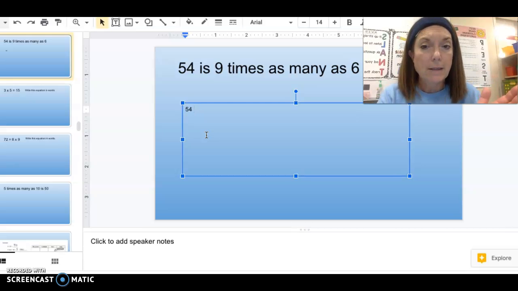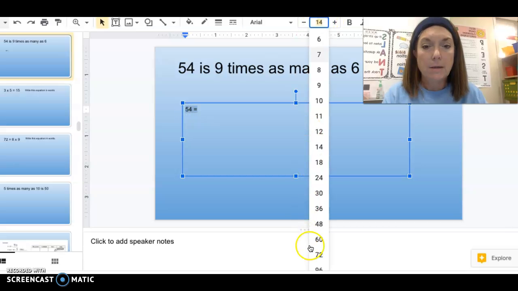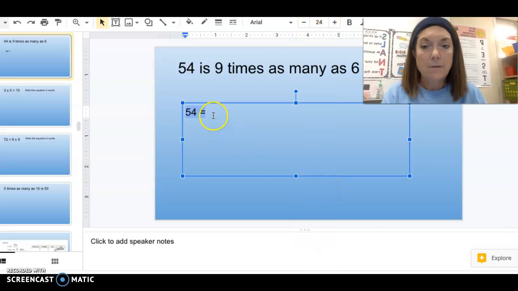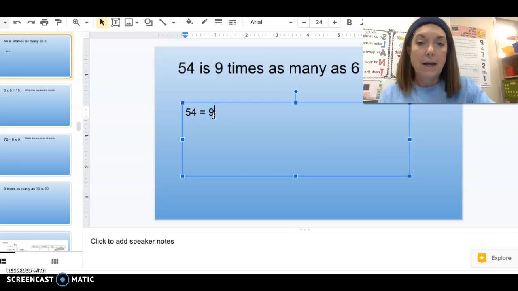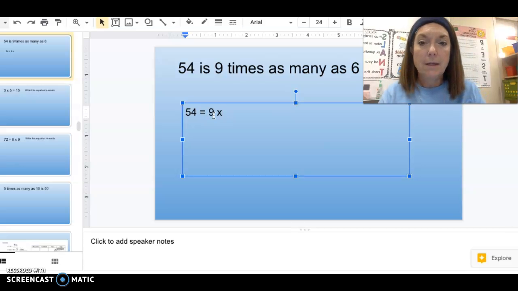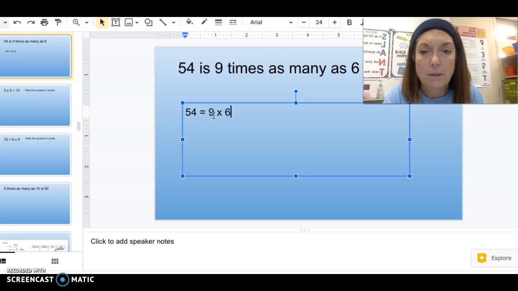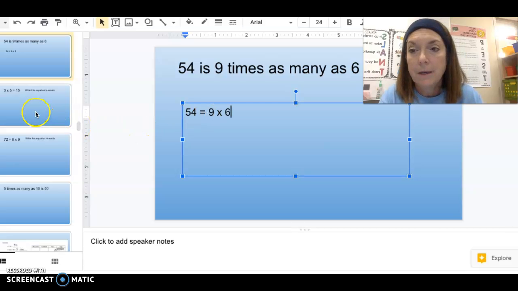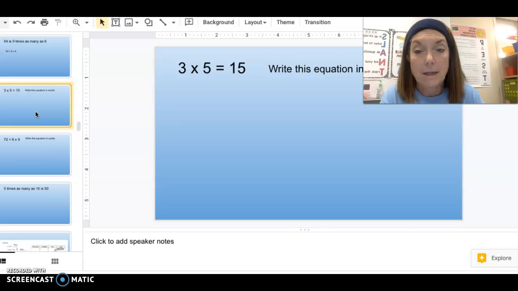Remember, is means equals. So 54 is, that's my equals, 9 times as many is just times 6. Does that make sense? 54 equals 9 times 6? Yes, it does.